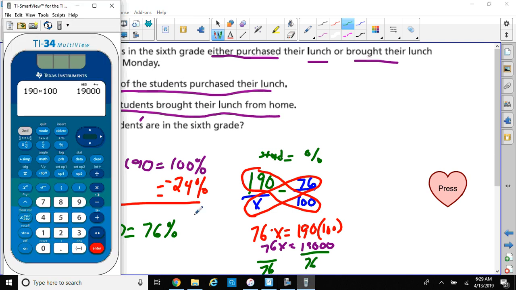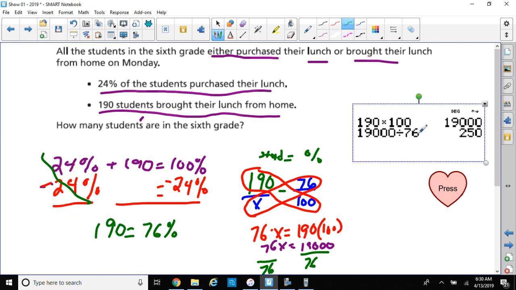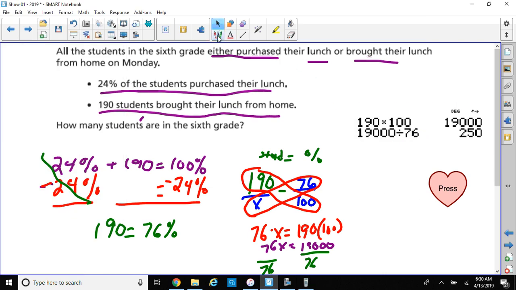So I'm going to take 19,000 and divide it by 76. And that'll give me the total number of students in the class, which is 250. So there are 250 students in the 6th grade.